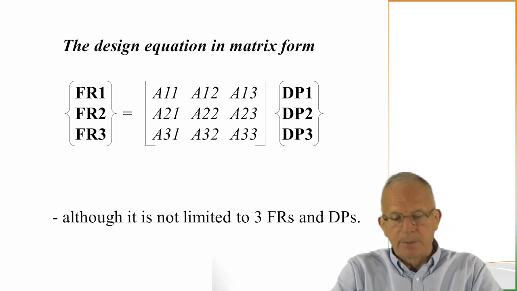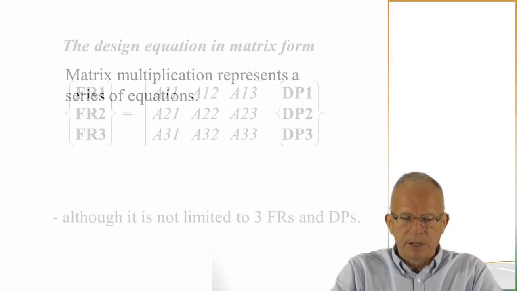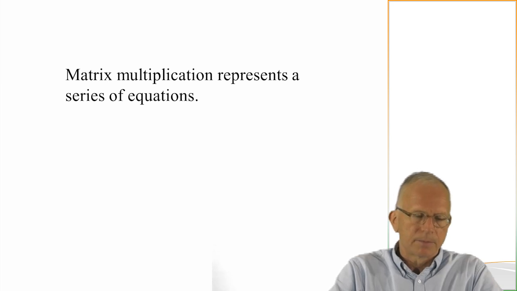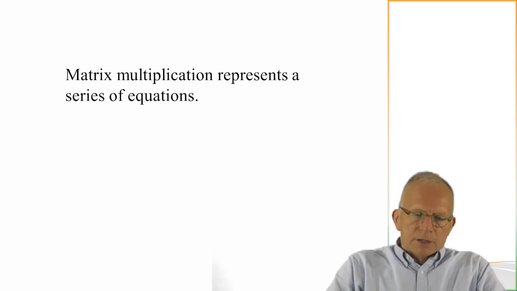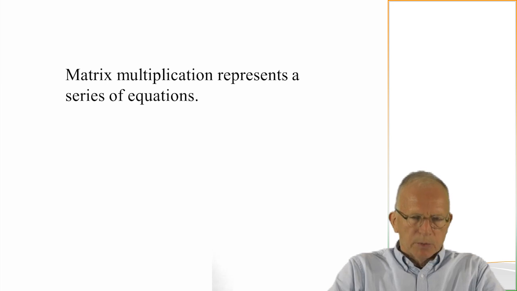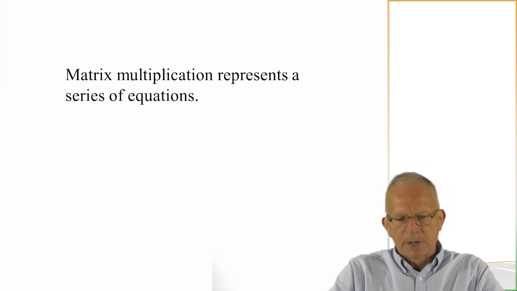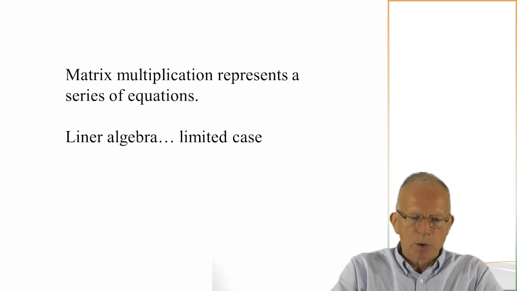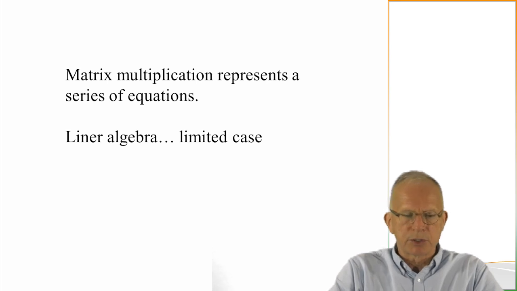Of course, this isn't limited to just 3 FRs and 3 DPs. You could have any number. So matrix multiplication, which is what we're looking at, because the design matrix times the DPs gives us the FRs, represents a series of equations, which you should have seen in linear algebra.